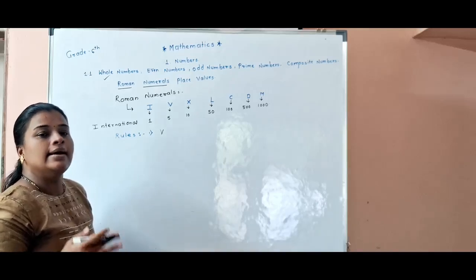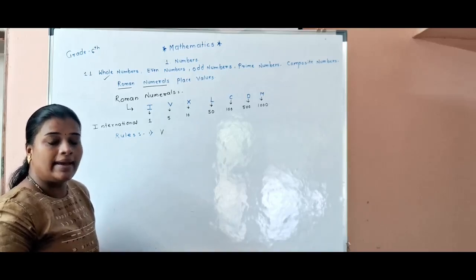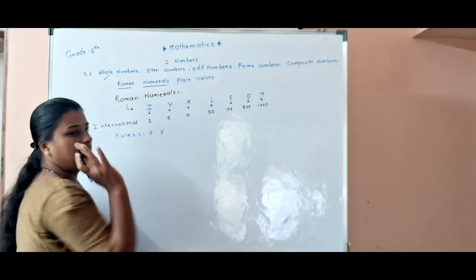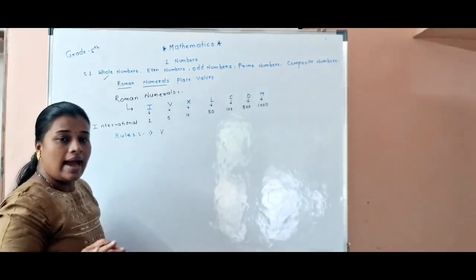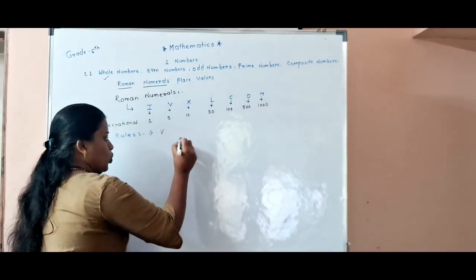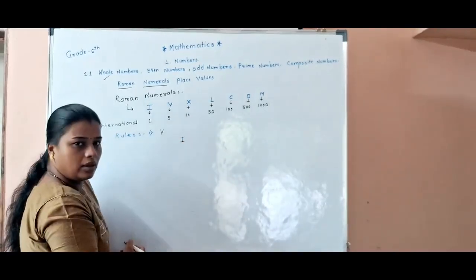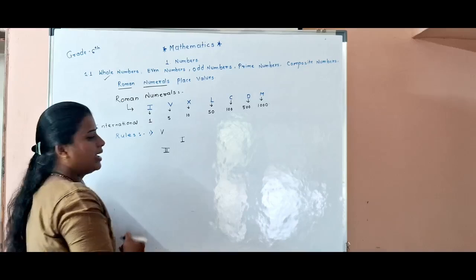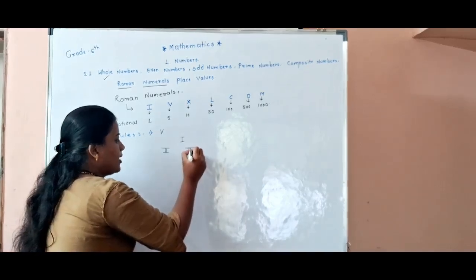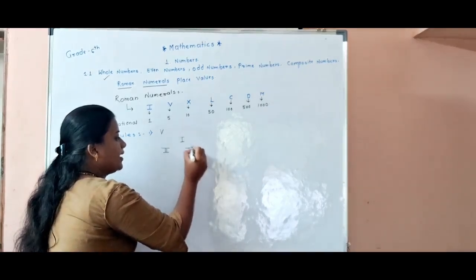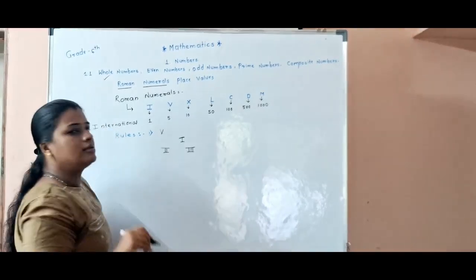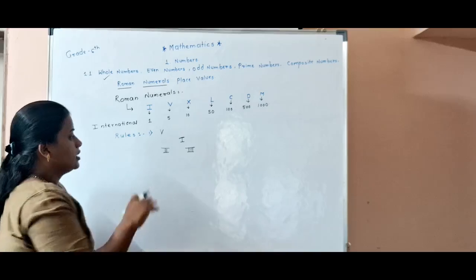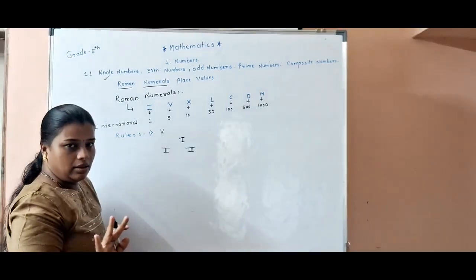How to repeat? 1 time, 2 times, and this is 1, 2, 3. Why am I not writing its value? Because we are supposed to explain the next rule. So 1, 2, 3.